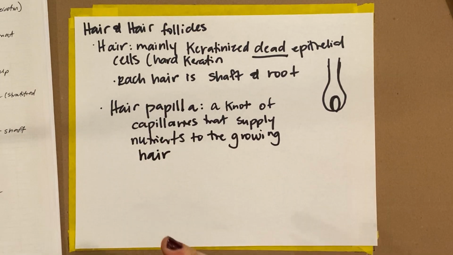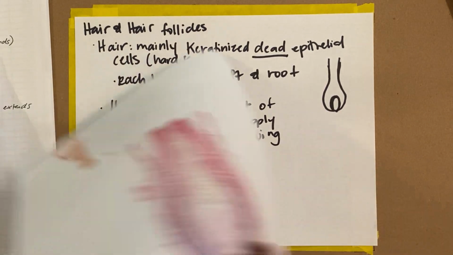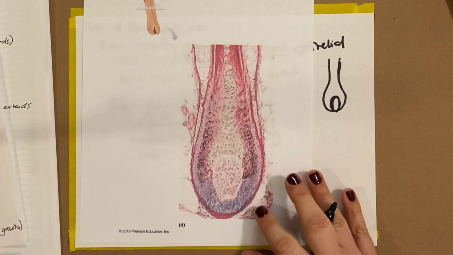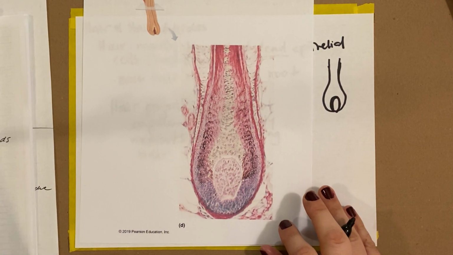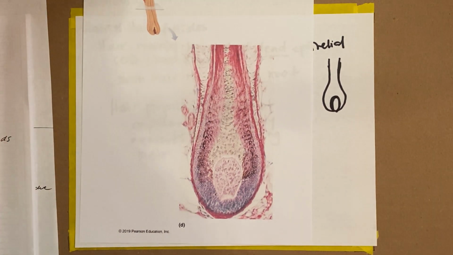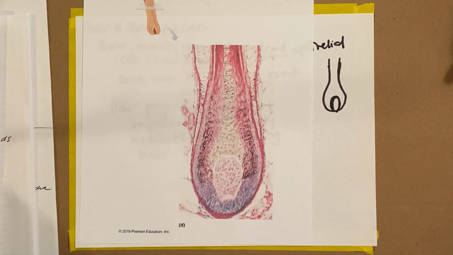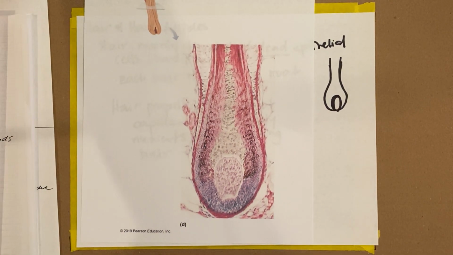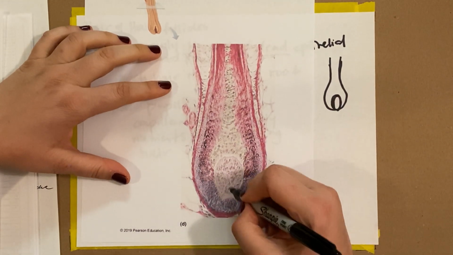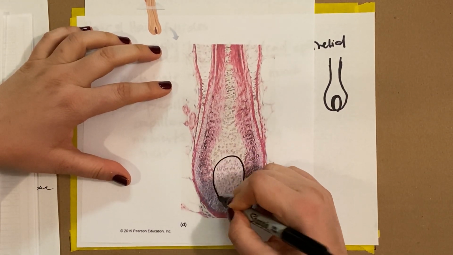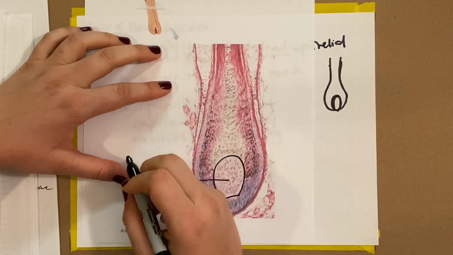Okay, so we'll start looking at a hair. This is what a hair looks like at the very bottom. This structure right here is going to be the hair papillae.